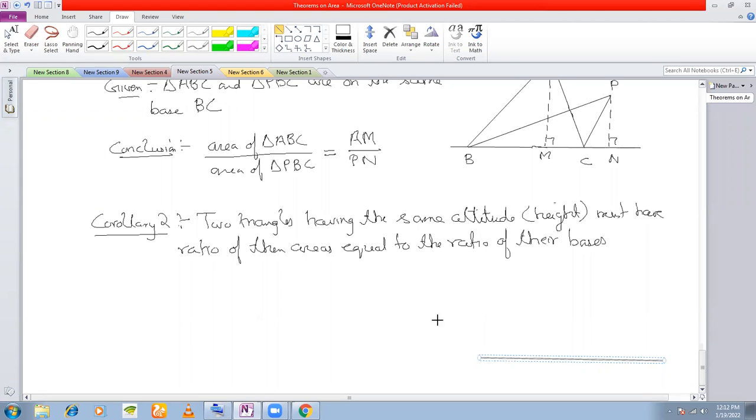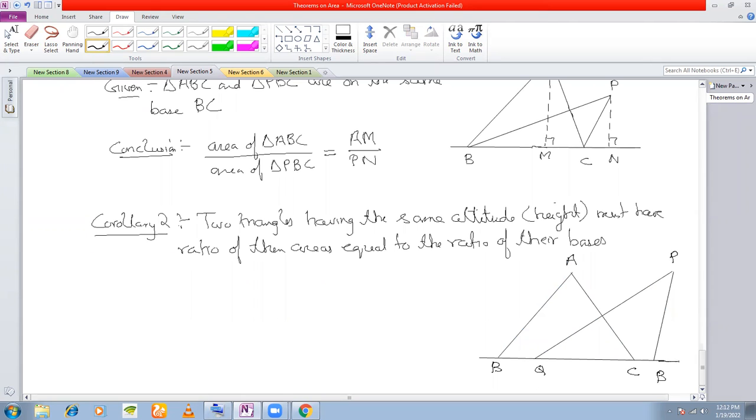So if I have two triangles whose altitudes are equal, let's say I have this triangle, and let's say I have another triangle, this. Say ABC, and I have PQR.